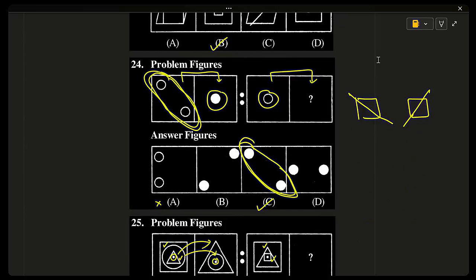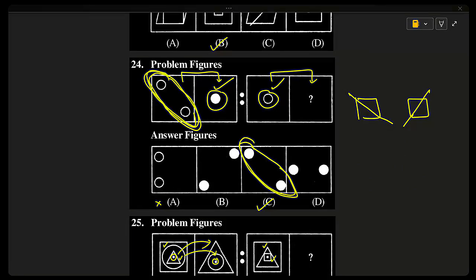Opposite means, sir, this first two dots opposite diagonal is B, na, sir. No, one thing is clear that if shading is there, it's going away. If shading is not there, we have to introduce the shading. That's it. So here shading is not there. We want the shaded or the colored dot. So option A is eliminated. Now B, C, D. So this diagonal is giving rise to a central dot. So central dot should give rise to the diagonal. That's it.